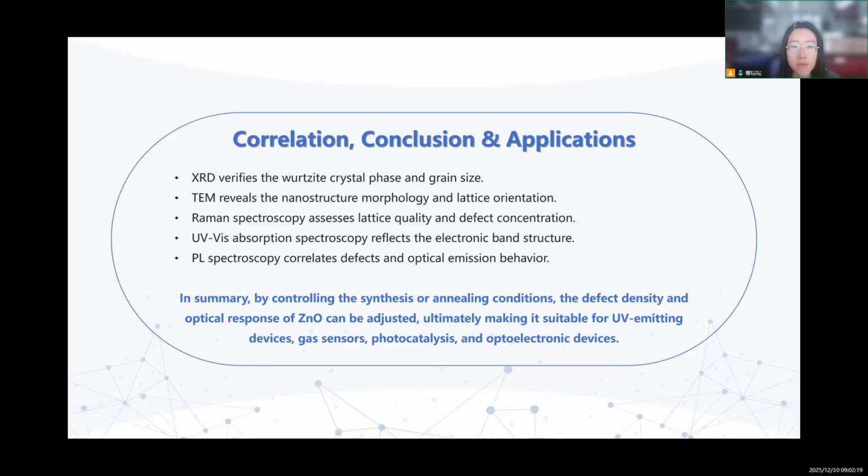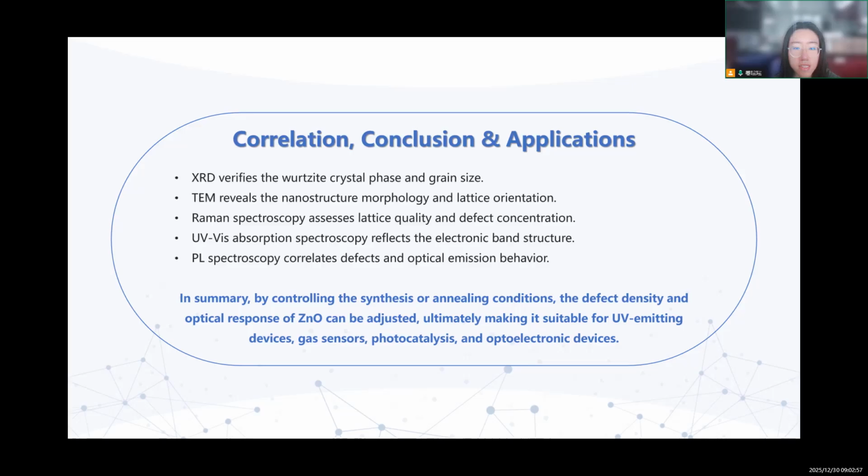And the last, PL spectroscopy correlates defects and optical emission behaviors. About that, we know these characterization techniques verify the structure and properties of zinc oxide. By combining XRD, TEM, Raman spectroscopy, UV-Vis spectroscopy, and PL results, we can understand the structure, defects, and properties relationship of zinc oxide.